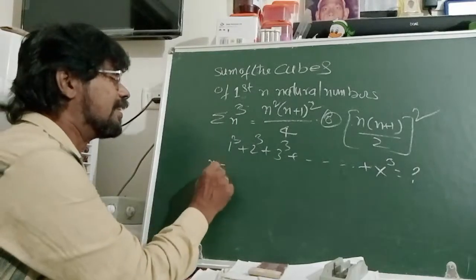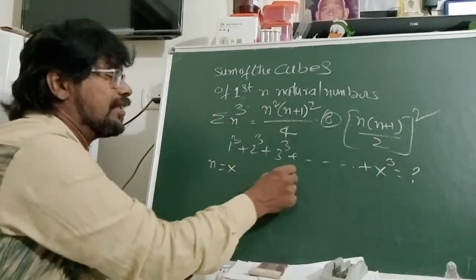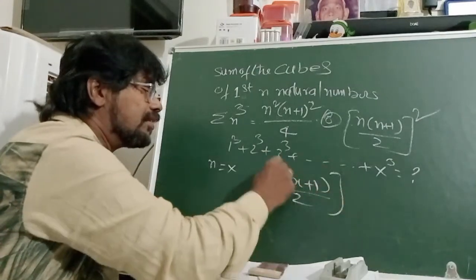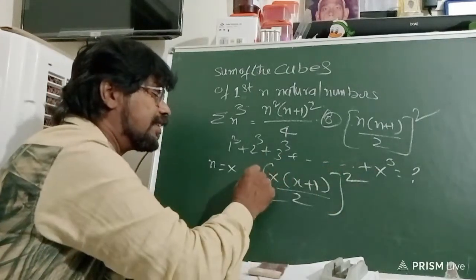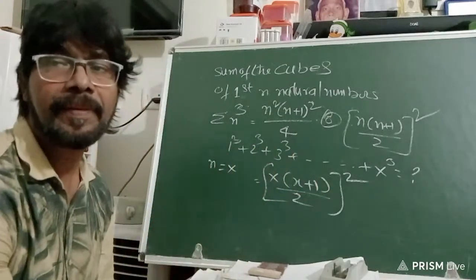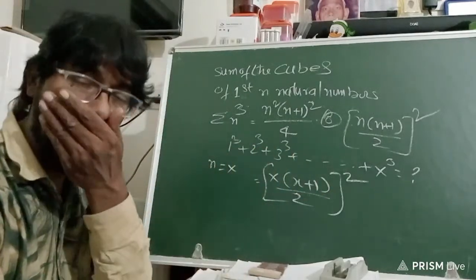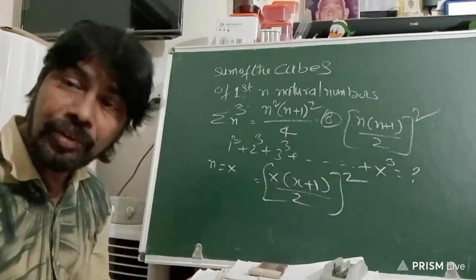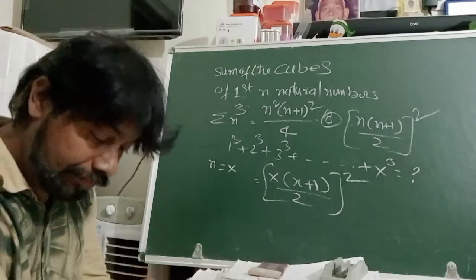Here n is equal to x. So the formula is x into x plus 1 by 2 whole square. This is the answer. Instead of n, x was given. Now we go for another one.